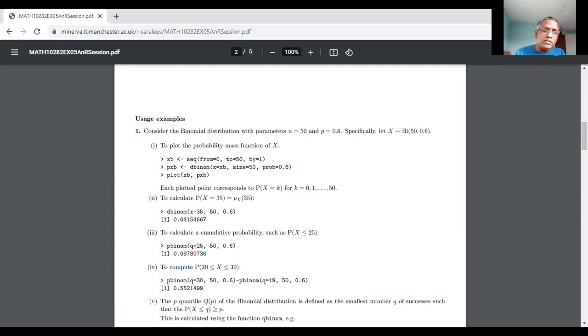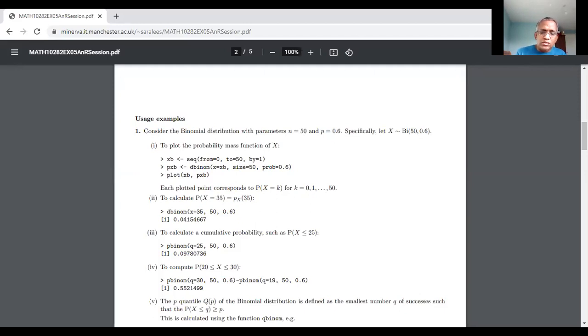So let's take them to be 50 and 0.6 respectively, right? Okay, so this is what you will get, and if you plot xb versus pxb, this is what you will get, right? You see? So this is the probability mass function of a binomial distribution versus x.